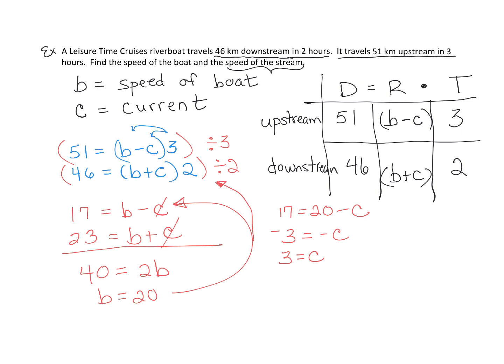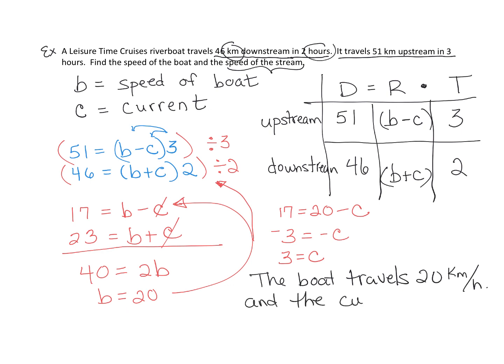So I'm ready now to write my sentence and say, the boat travels 20. Now I'm going to read my problem again to know that it's kilometers per hour. And the current, or the stream, is 3 kilometers per hour.